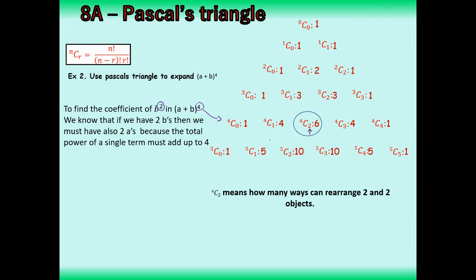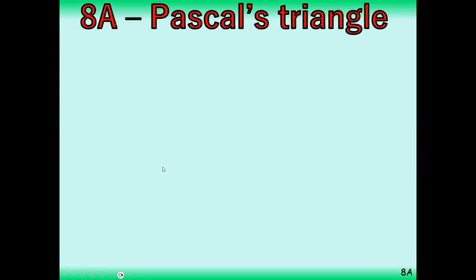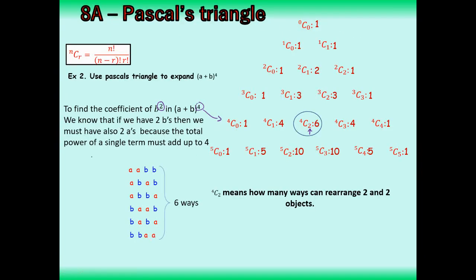Now it's symmetric. If you write the expansion here, a squared b squared is one of the terms in the middle, and the powers have to add up to 4. This term is exactly in the middle, because if we switch a squared with b squared, it's still the same term.